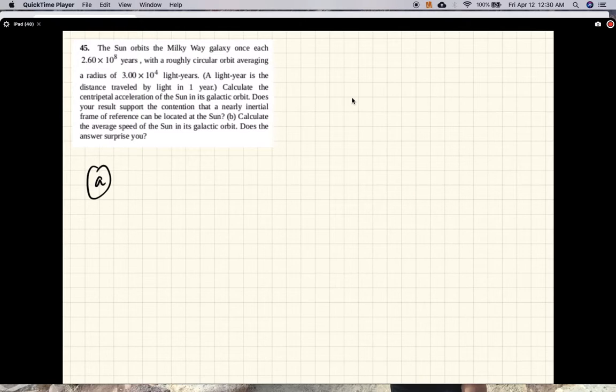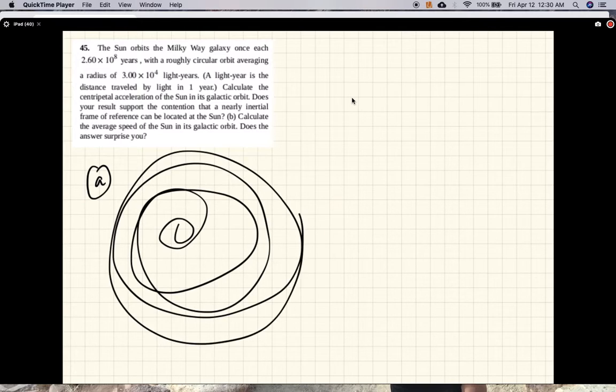So again, the Sun is part of the Milky Way galaxy, and it turns out that the Sun is roughly somewhere there, and its orbital radius is 30,000 light years.